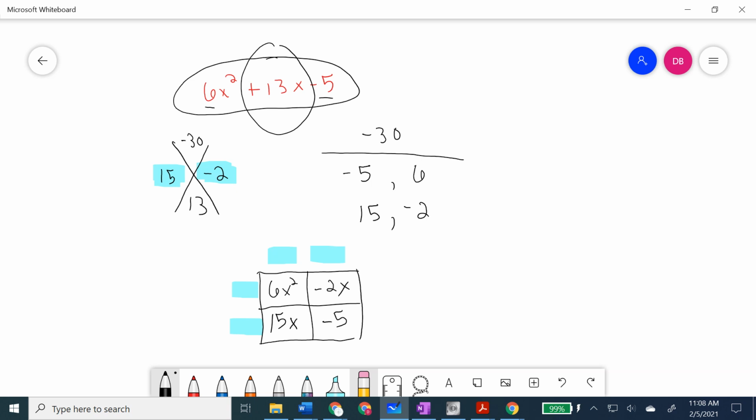Then what you're looking at is you can find any one of these 4 first. I'll just start here. You want to look down this column. Do you see common factors between the 2 terms in that column? Do you see a number that will divide? 3 will divide both of them. And then what else is in common? They both have x's.